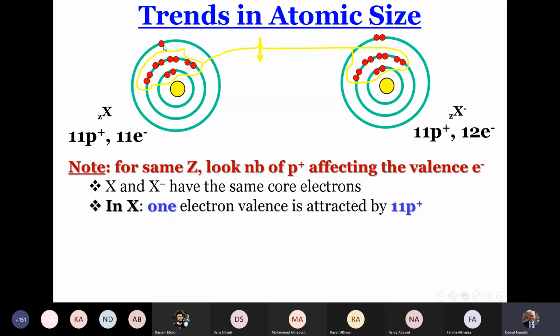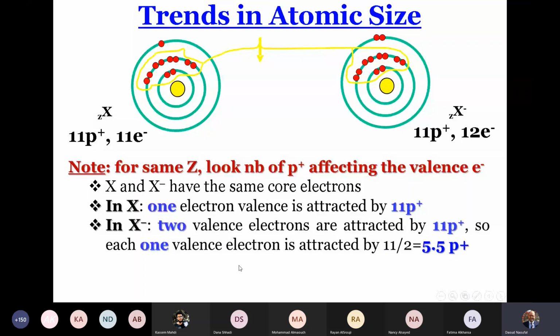So in X, 1 electron is attracted by 11 protons. In X minus, I have 2 valence electrons attracted by 11, so 1 electron is attracted by 11 over 2, which is 5.5 plus. I will repeat.